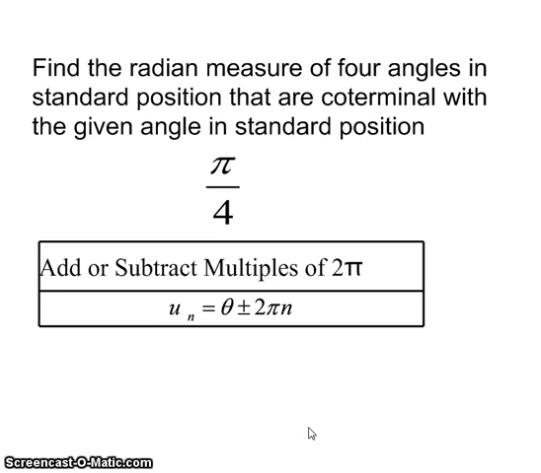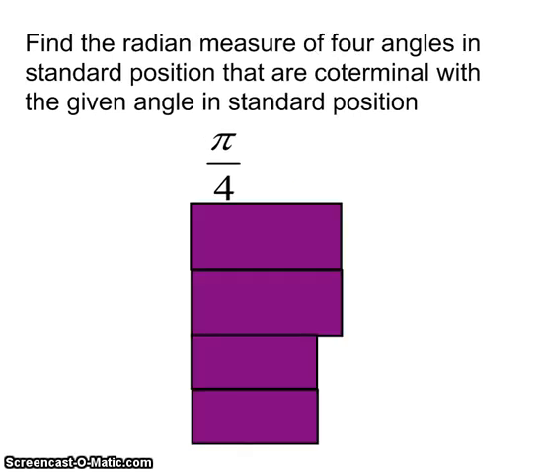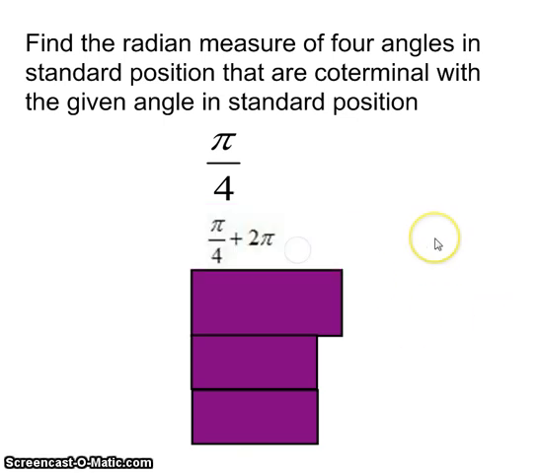And since there are 2 pi radians in a circle, we're going to add and subtract multiples of 2 pi. Okay, so here's the problem. Find the radian measure of 4 angles in standard position that are coterminal with the given angle. Okay, so we're adding multiples of 2 pi.